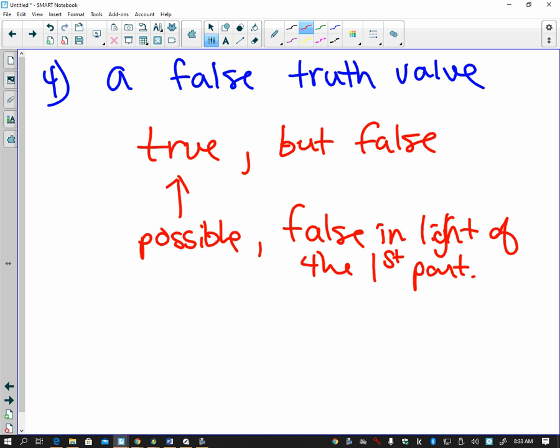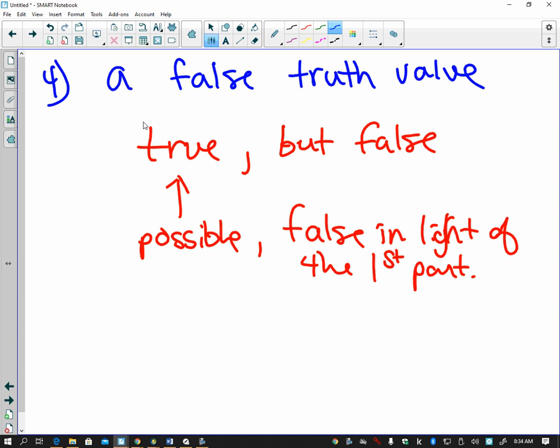Okay, but it's got to be that. So we have to have something that is possible in the beginning, but in light of the first statement, it doesn't line up. So it would be like a false conclusion. Okay, so it would be something along the lines of, now they're going to give you more of a geometric answer, but I'm going to give you kind of a real world answer.